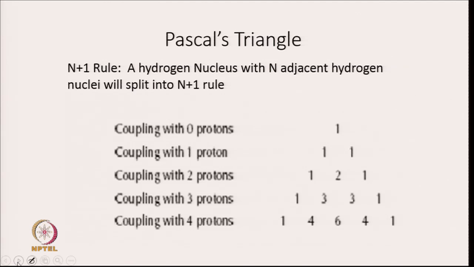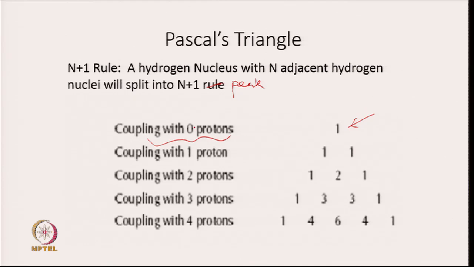So, from this example comes what is known as the n plus 1 rule. A hydrogen nucleus with n adjacent hydrogen nuclei will split into n plus 1 peaks. And what that means is, if coupling is with 0 protons, there are no nearby protons, then you will get only 1 peak.